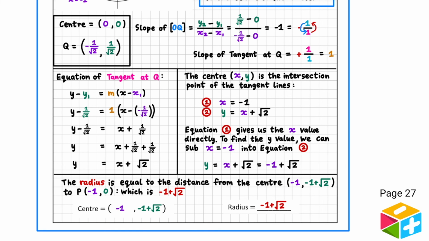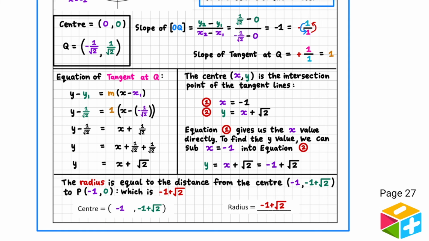We were also asked to find the radius, but thankfully this is quite straightforward. Since we are told that P is a point on our circle, the radius will be equal to the distance from the centre, minus 1, minus 1 plus root 2, to P, minus 1, 0.